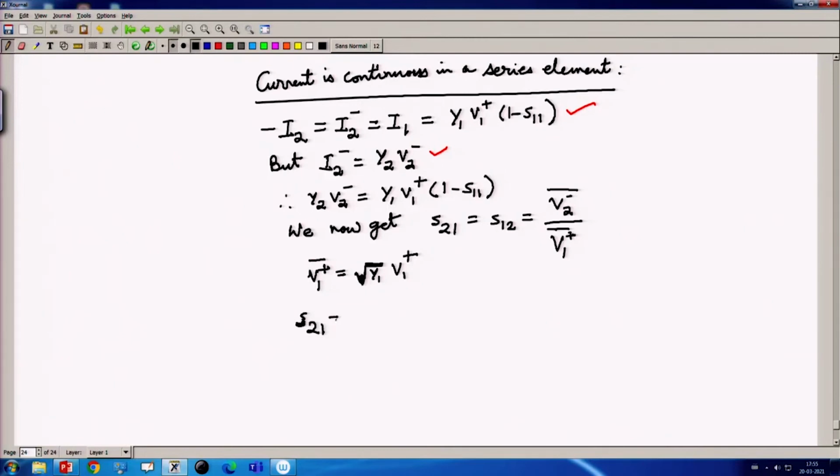So that S 2 1 will be equal to S 1 2, root of Y 2 by root of Y 1. So, root of Y 2 V 2 minus divided by root of Y 1 V 1 plus.